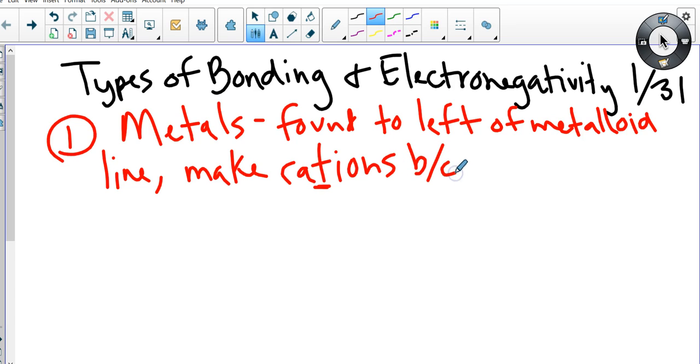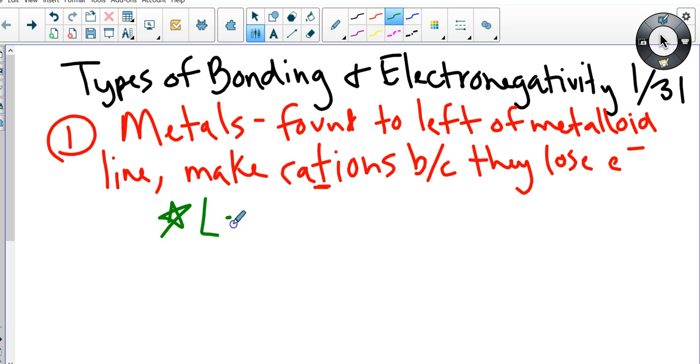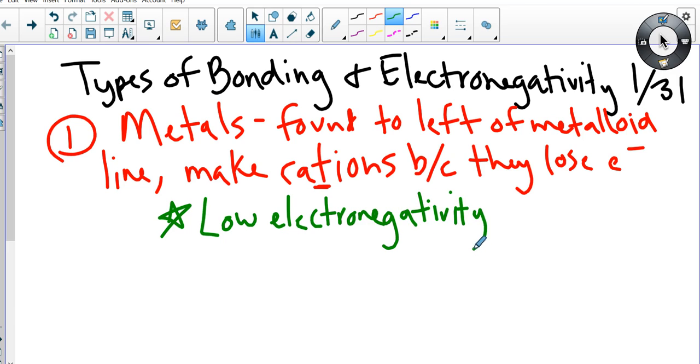They have a low electronegativity. That is why they lose their electrons. When they play tug of war, they suck. They can't pull on the electrons in a bond very hard, so they give up their electrons.